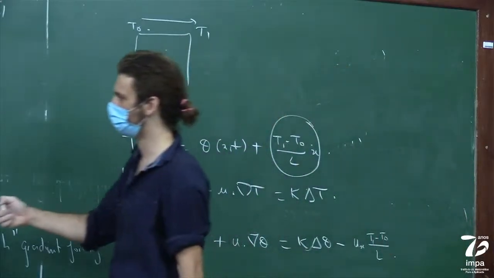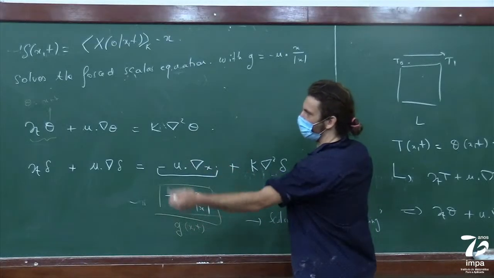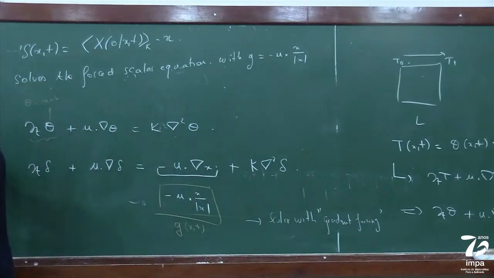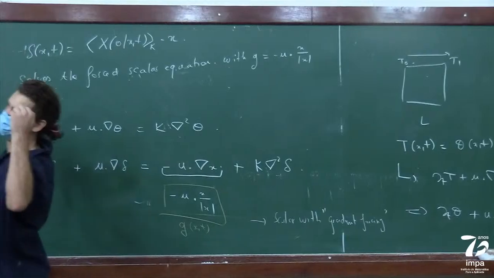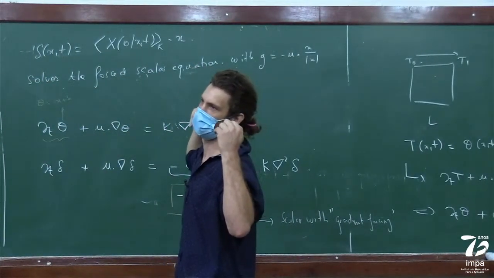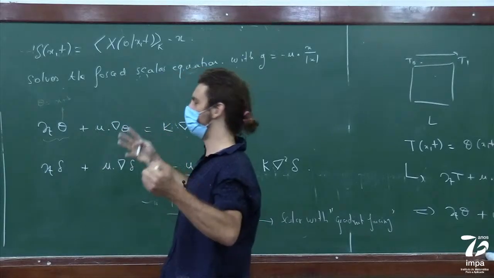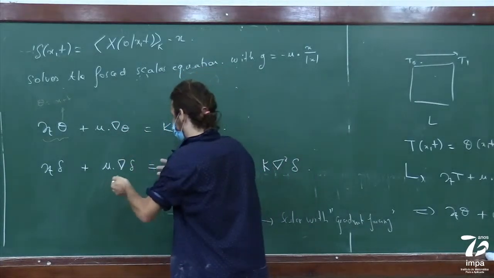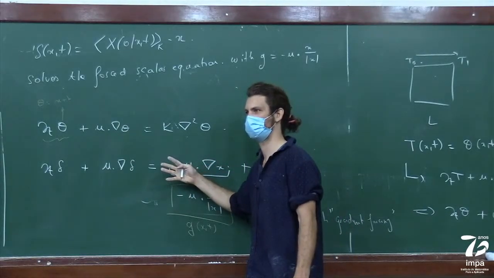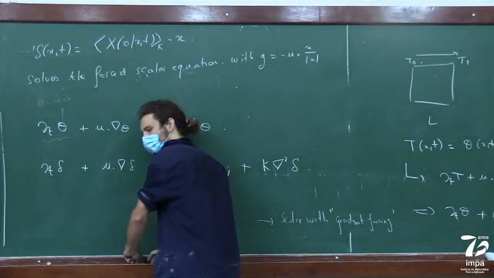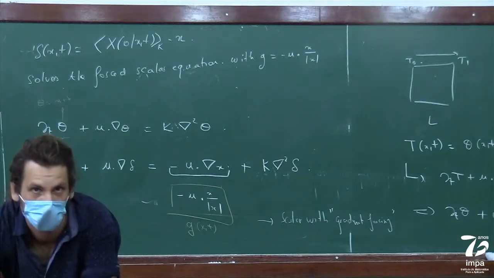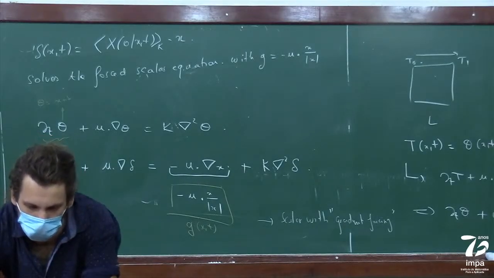So this situation where we look at the average separation between a position and the initial trajectories of the particle exactly satisfies the scalar equation with gradient forcing. It's kind of mind-blowing, but just to show you that this is the case, I will show you a picture.